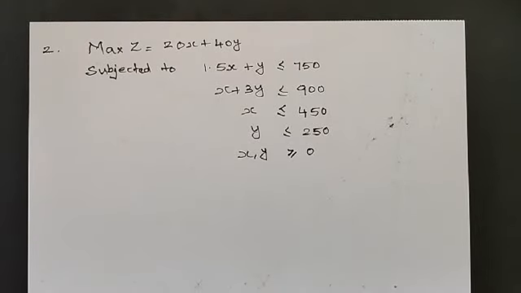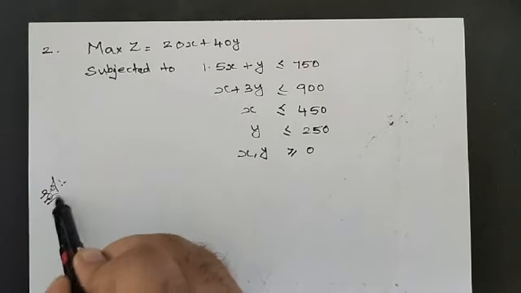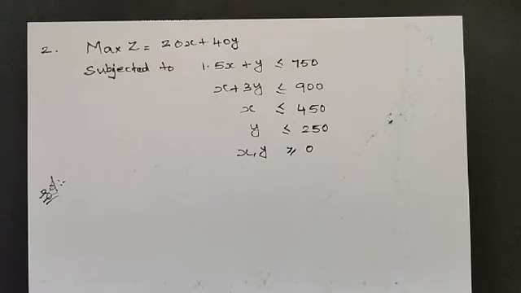Now we are going to solve this problem. So let us find the solution for this. What is the first thing we have to see? We have to convert the constraint inequalities into equalities.